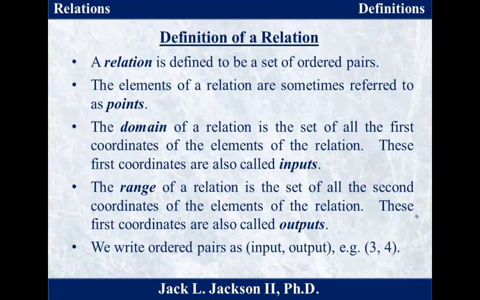The range of the relation is the set of all second coordinates of the elements of the relation, and these second coordinates are also called outputs. So the first coordinates are the inputs, the second coordinates are the outputs. And of course we write ordered pairs as parentheses, input, comma, output, parentheses. For example, the ordered pair (3, 4). In this ordered pair, 3 is the first coordinate, that's the input, and the 4 is the second coordinate, that is the output.